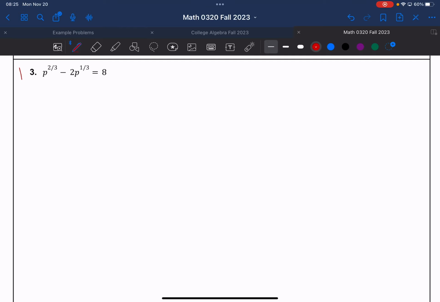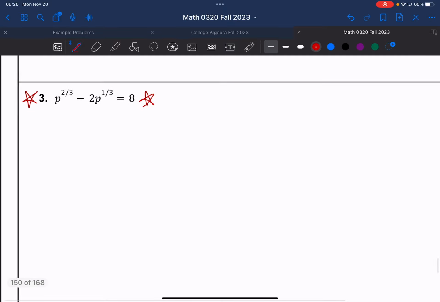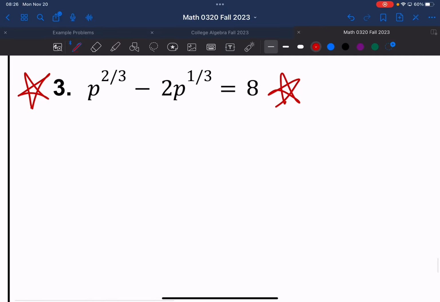For no reason, I'm just going to star this one. Hint, hint. This one's important. So notice here, it looks like at first sight, we don't see anything that is repeating.